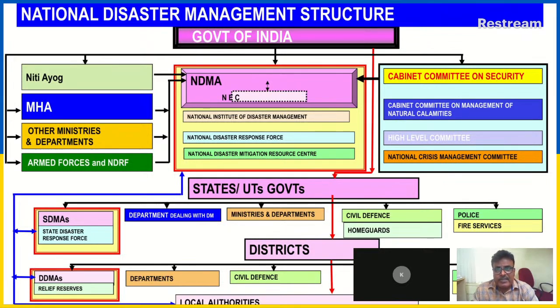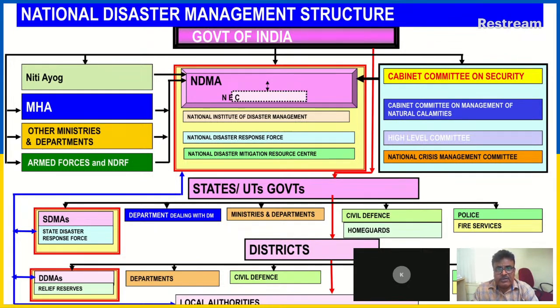Similarly, DDMA is the district level disaster management authority, which implements all the instructions given by the NDMA and SDMA at the district level. In fact, the deputy commissioner or district collector is the overall implementing authority for disaster management in the district.